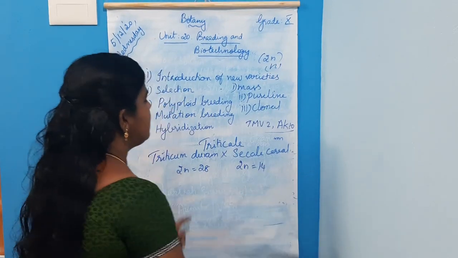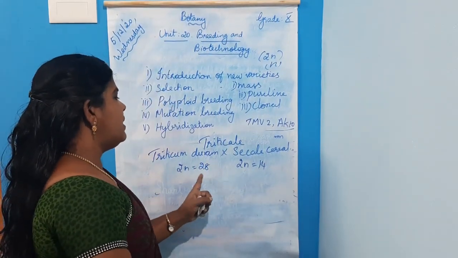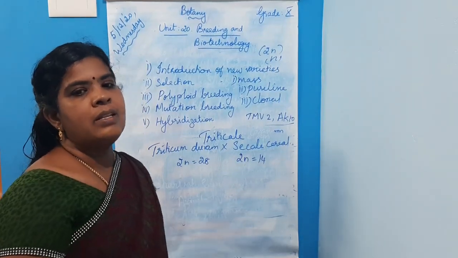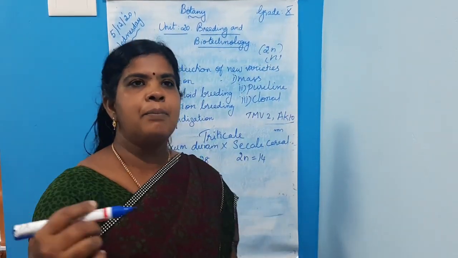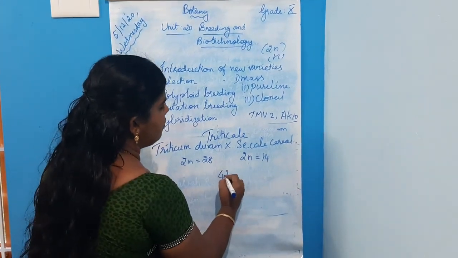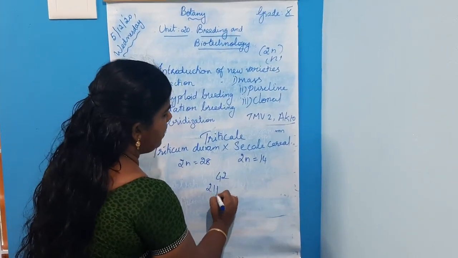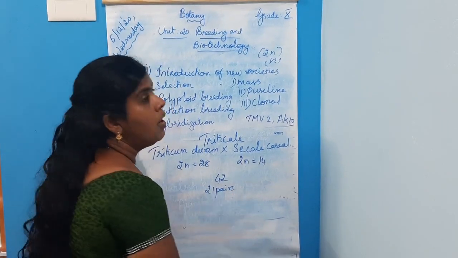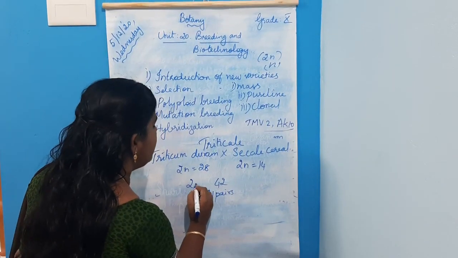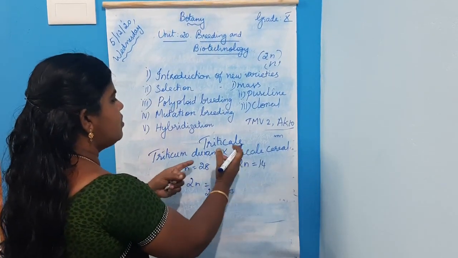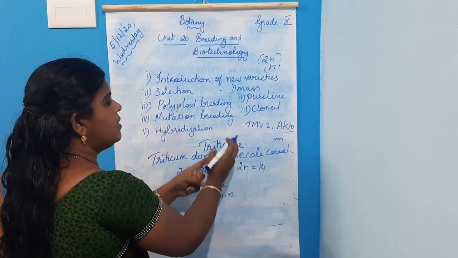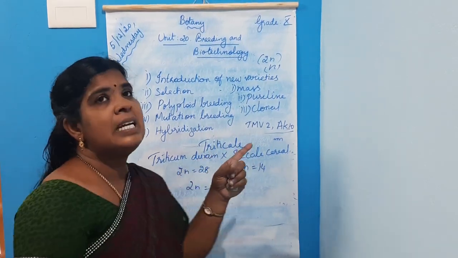When the chromosome number is doubled by applying colchicine treatment, it becomes 42, 21 pairs. So 2n is equal to 42 by crossing these two plants. This is the wheat plant, this is the rye plant. These two are crossed. The hybrid obtained is triticale.